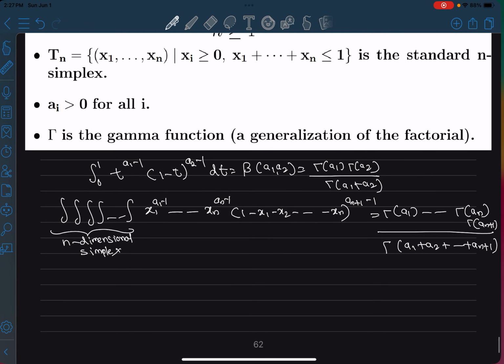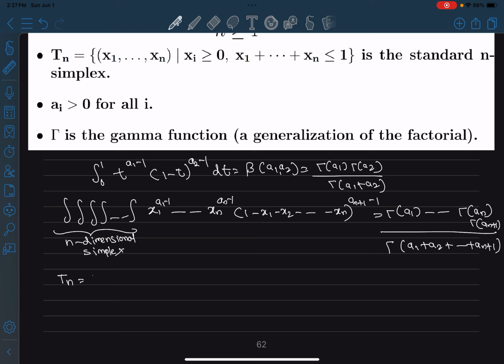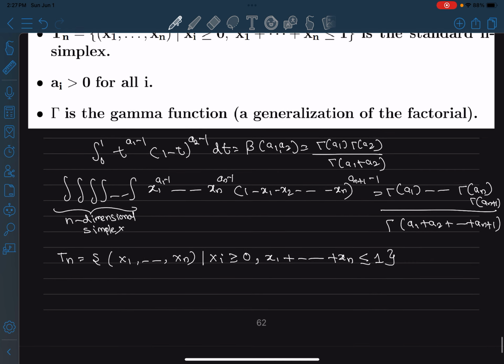The domain is defined as the set of coordinates in Rn, because there are n coordinates, each of them is positive, and the sum of all the components of the coordinate is less than or equal to 1, right? So this is how we define our n-dimensional simplex.